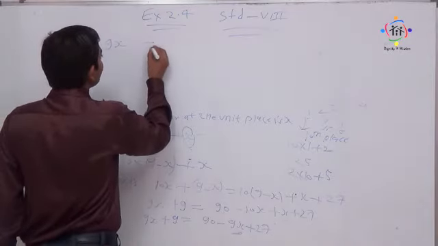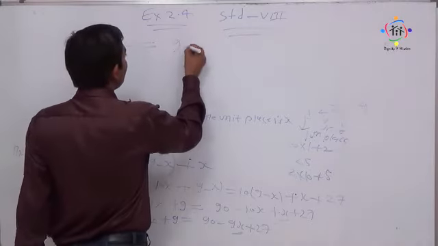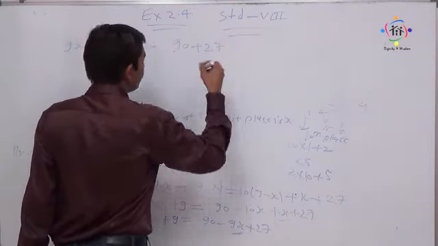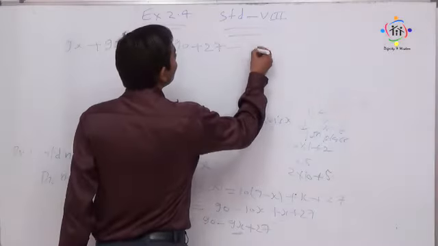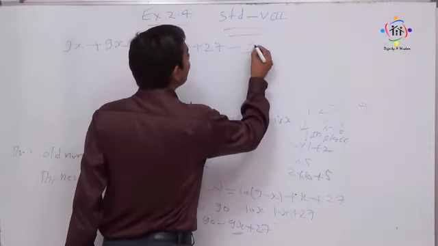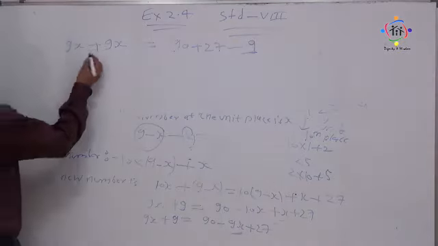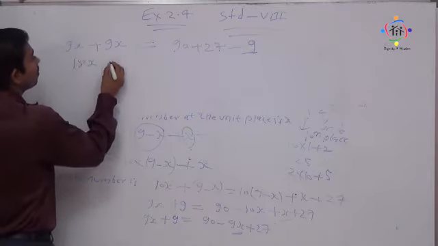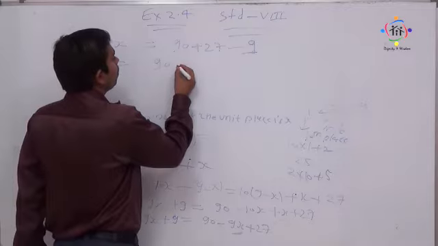So 90 plus 27 minus 9, my dear students, minus 9. Is it clear? Okay, 9 plus 9, 18x is equal to 90.